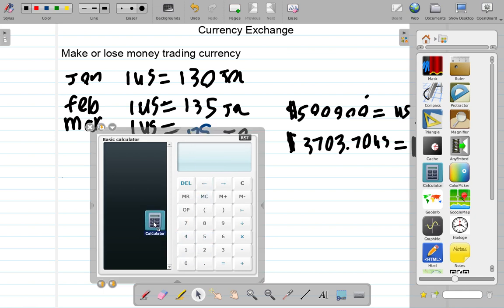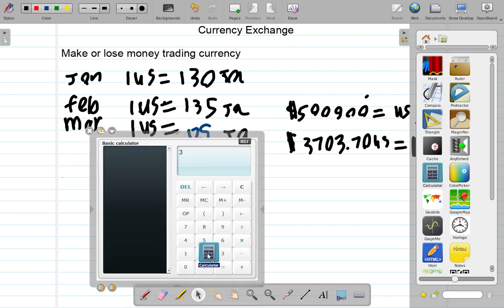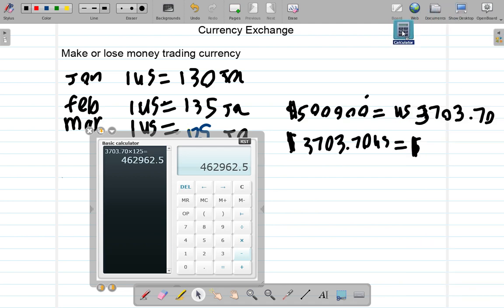The money that they have in US dollar is 3703.70 multiplied by 125 equals 462,962.